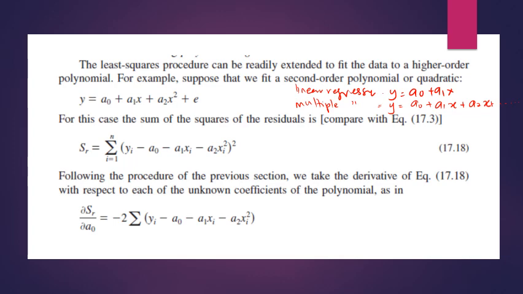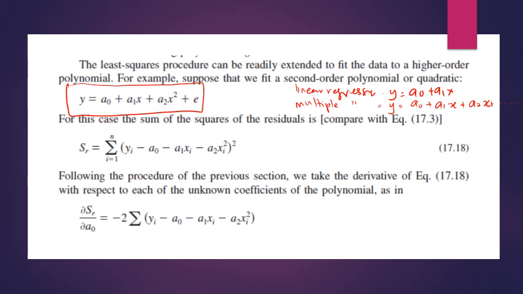For polynomial regression, you have y equal to a0 plus a1x plus a2x squared. That's why we call it a polynomial. The least squares procedure can be readily extended to fit the data to a higher order polynomial.